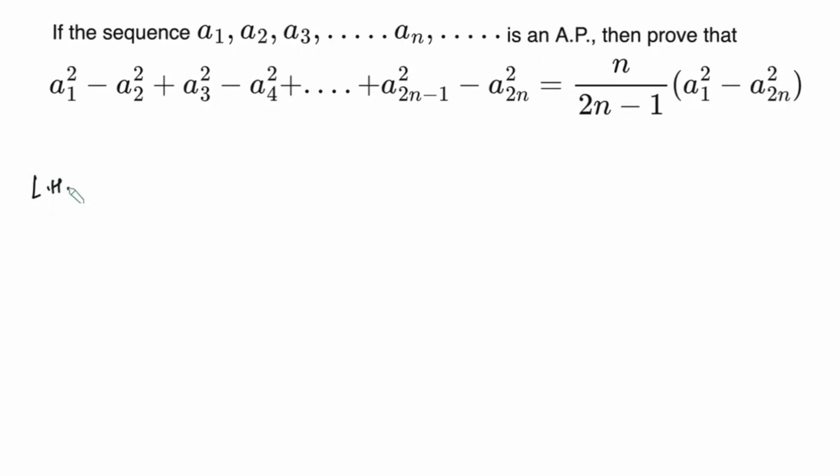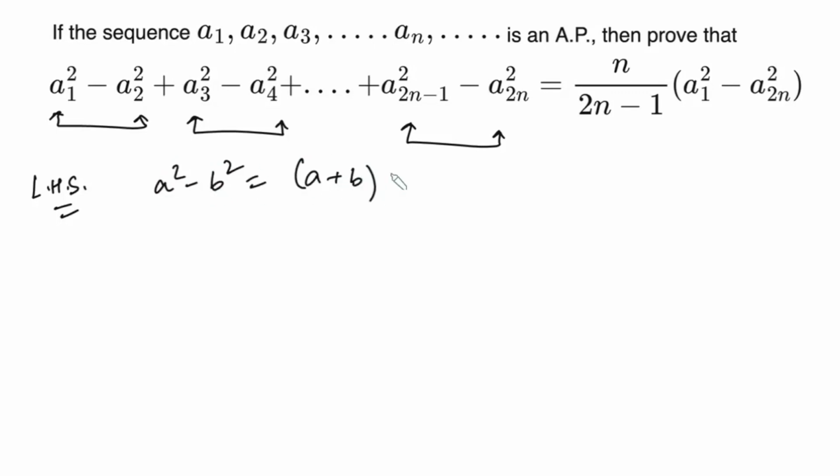The left-hand side here is given as a1 square minus a2 square plus a3 square minus a4 square. So if we group the terms like this, similarly at the end we have a2n minus 1 square minus a2n square. So all these groups are in the form of a square minus b square, which is equal to a plus b times a minus b, correct?